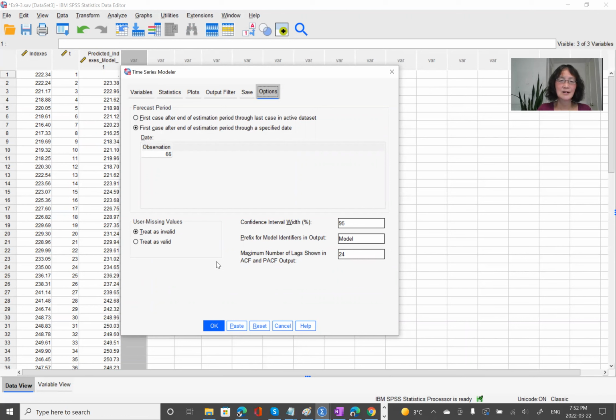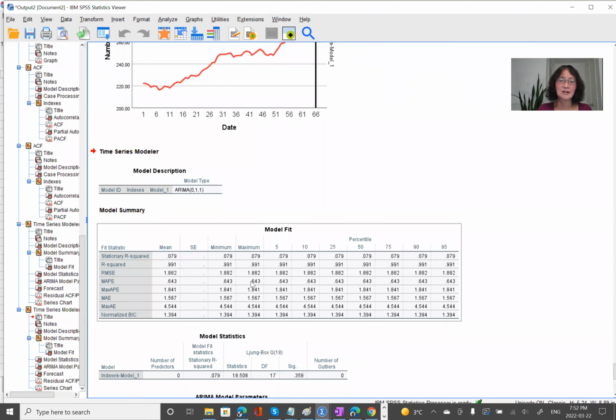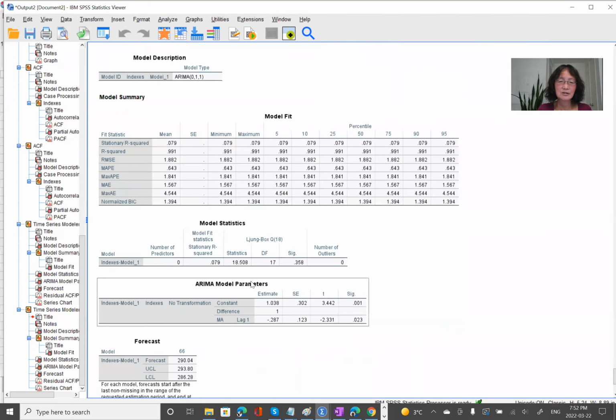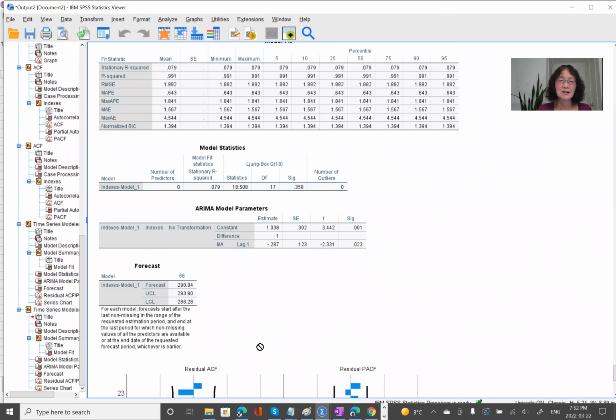Then click the OK button. So this is the result. Once we get this result, the model is based on the constant and MA lag 1.